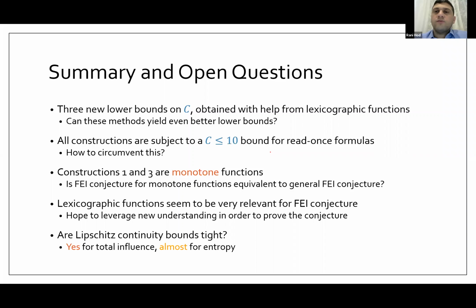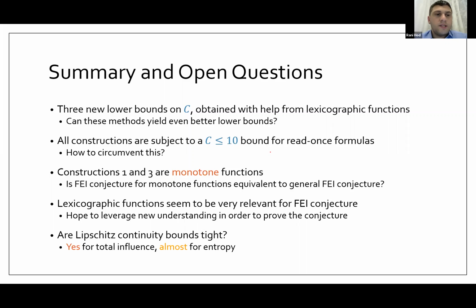And it is known that for such functions, the conjecture holds, with C equals 10. So whatever we do, if we try to improve this, we need some idea that is able to overcome the read-once formula obstacle. So maybe 6.45 would be improved to 7, to 9.9, but we cannot pass the 10 without a completely new idea.